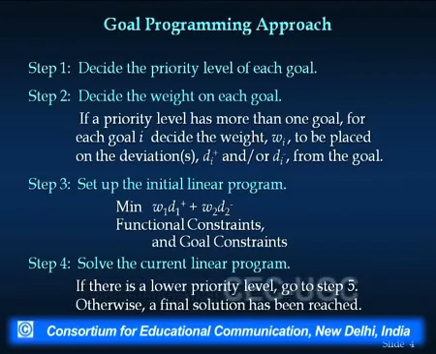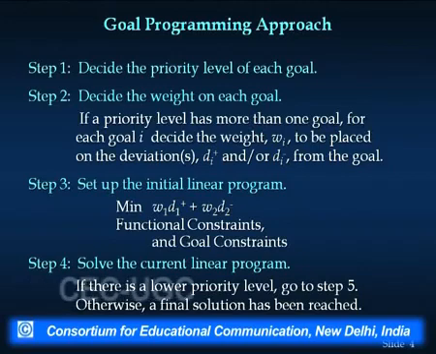What is the weight being given to a particular goal? If a priority level has more than one goal, for each goal i decide the weight Wi to be placed on the deviation Di plus and Di minus from the goal. The priorities will be given like 1, 2, 3. 1 means the first priority, 2 means the second priority. 1 means the topmost priority and 2 means the second most required priority.